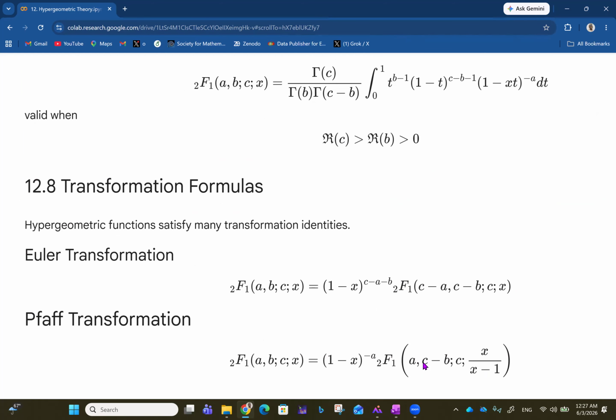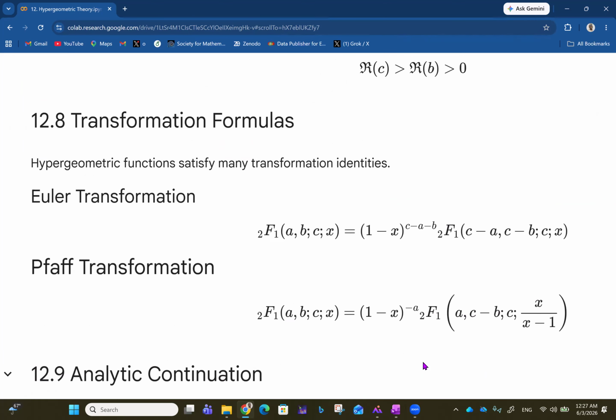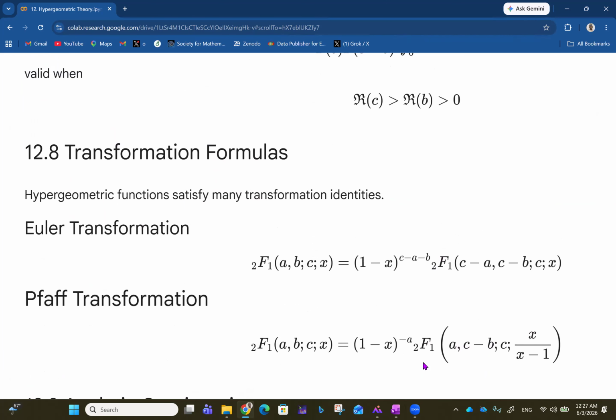Then we have some transformation formulas. Hypergeometric functions satisfy many transformation identities. For instance, we have the Euler transformation, which is 2F1 of a, b; c; x, which is equal to 1 minus x raised to c minus a minus b, times 2F1 of c minus a, c minus b; c; x.